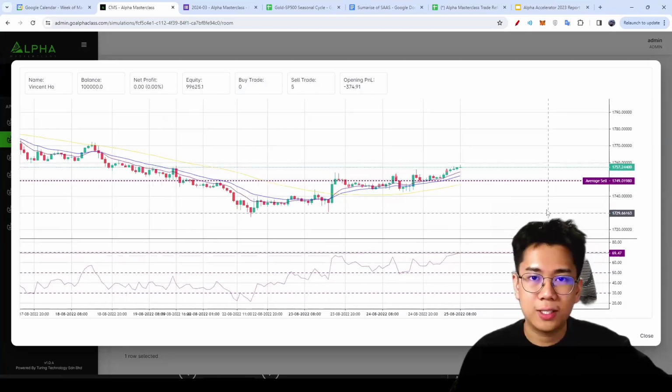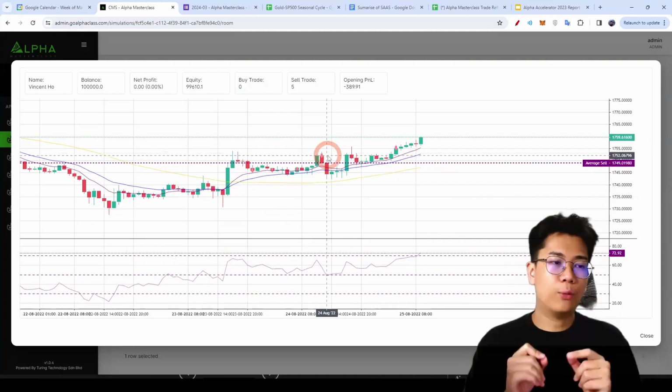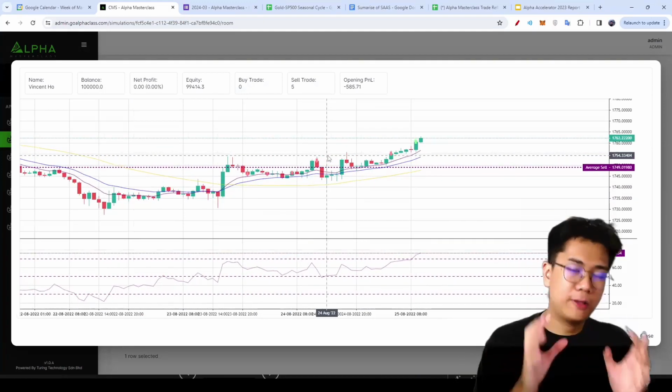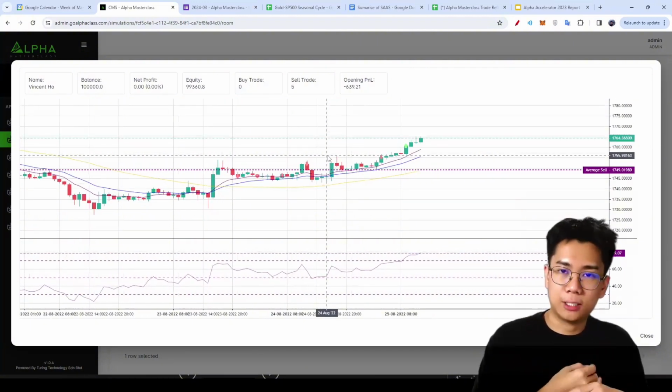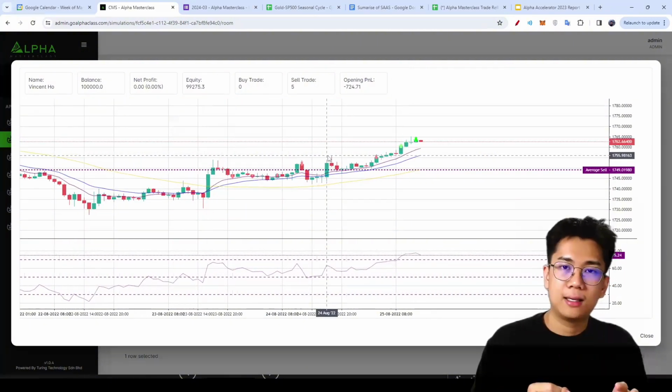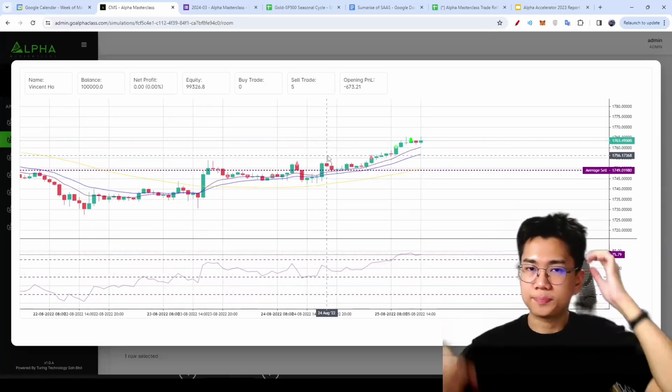Vincent just slowly sells. Now the reason why I give you guys 15 trades is because it will give you more tolerance, more adjustable risk management. But big profit comes with big losses.